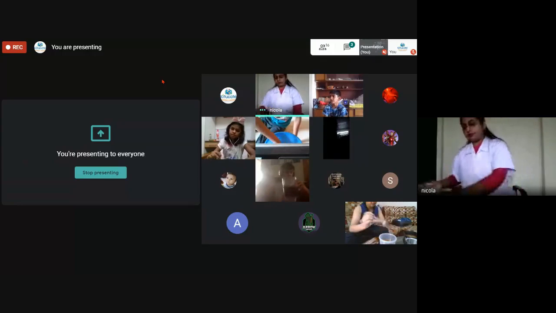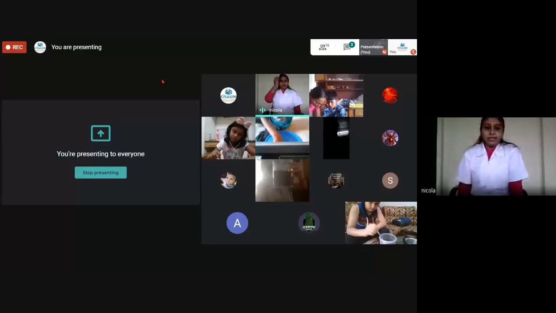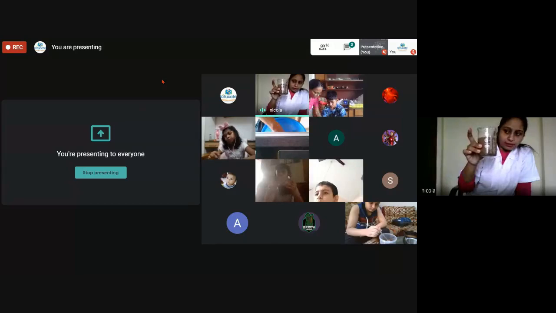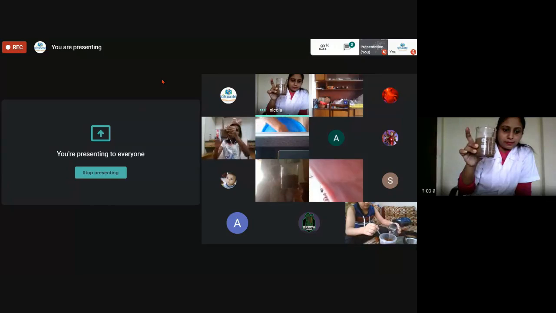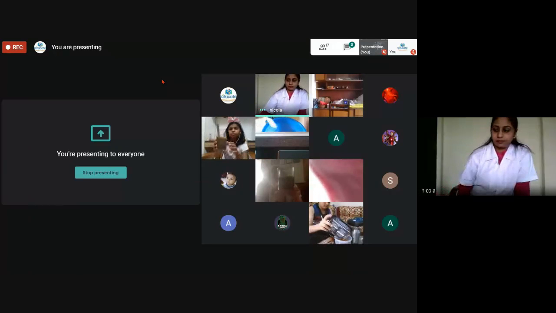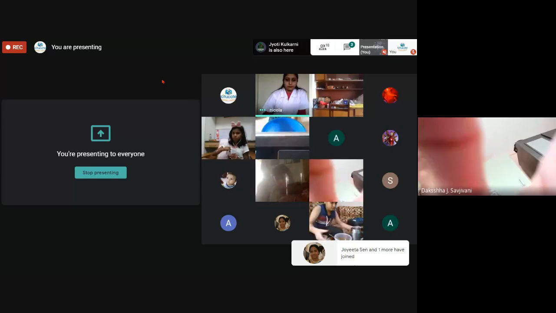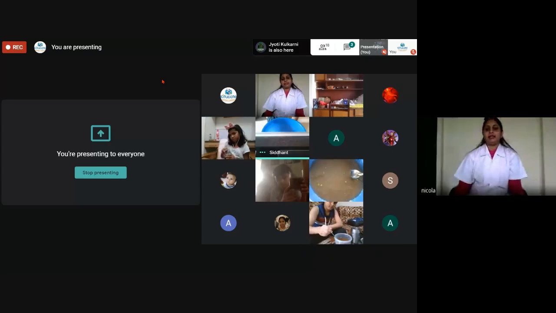First I'll be seeing everyone's container with the muddy water. It should look like this. Ma'am, brown color? Yes, it will look like that.